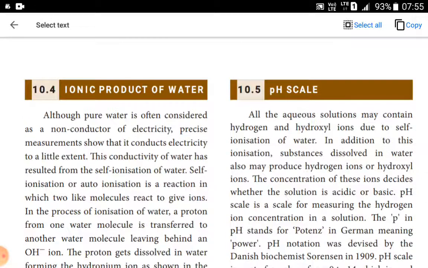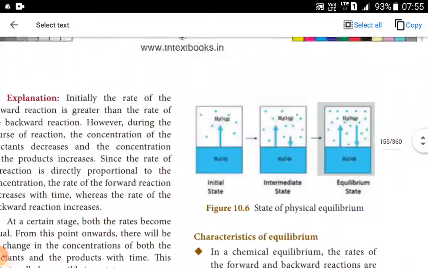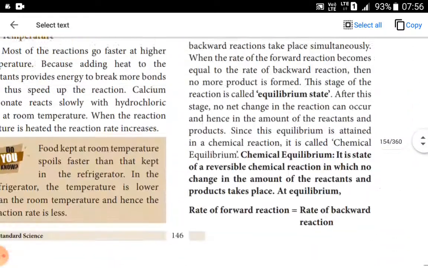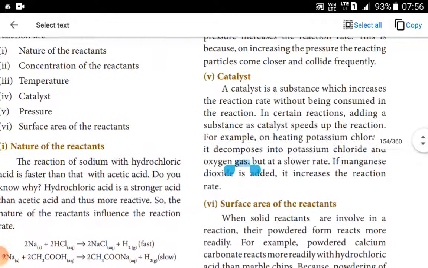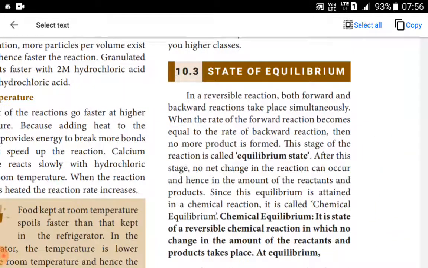The next is the pH scale. pH is the power of hydrogen ion concentration, which we will see in the next class. So what have we revised now? Equilibrium is the state where the forward reaction becomes equal to the backward reaction.